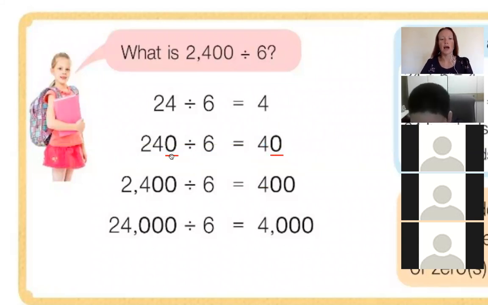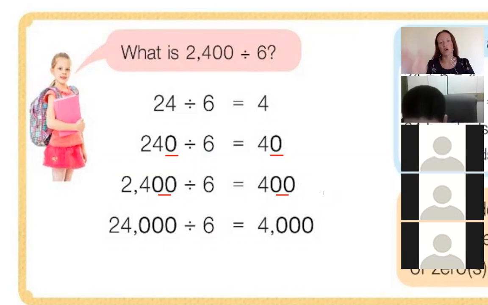Here, how many zeros do we have in 2,400? 2, yes. And these 2 zeros we have to transfer to the quotient, right? We have zeros only in dividend, so nothing to cut.